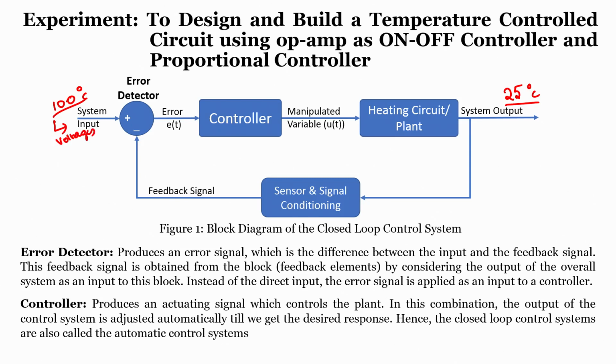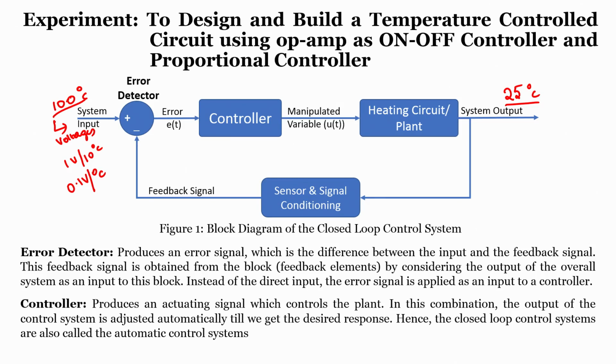In order to do that, I will consider a scaling factor of 1 volt per 10 degrees centigrade, or 0.1 volt per degree centigrade, as the scaling factor or sensitivity factor.